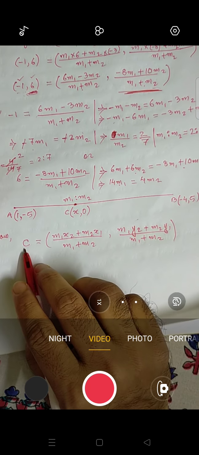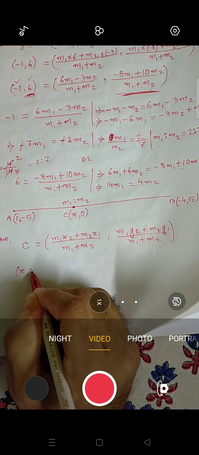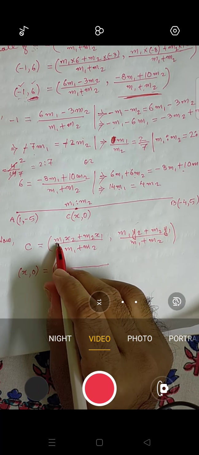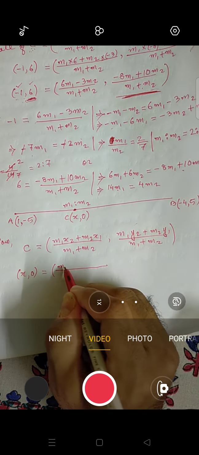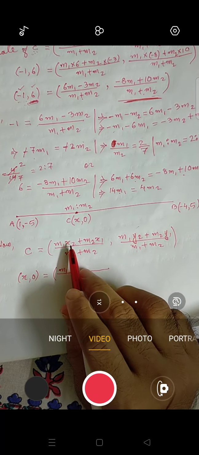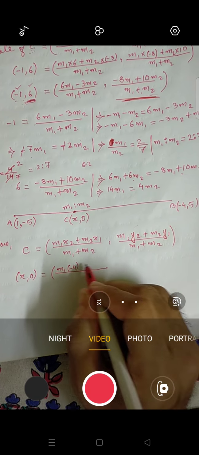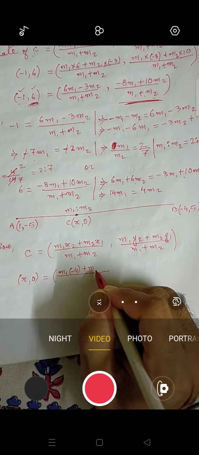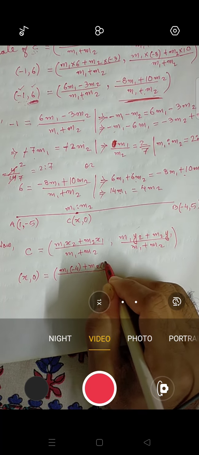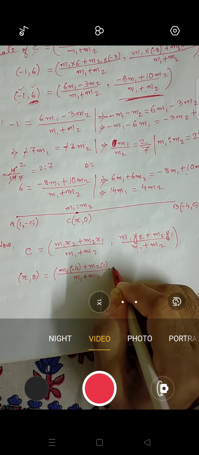Now you know that coordinate of C is x comma 0. So we will be taking x comma 0. Now we will take the values. Now m1 is m1. What is m2? Sorry, my mistake. x2 is minus 4, so I'll put it in bracket. Plus m2. What is x1? 1. So we'll be taking in bracket. So m1 plus m2, comma.